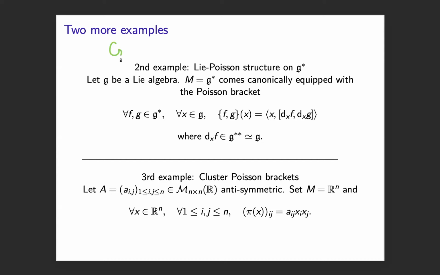So let us pick big G, a Lie group, and Gothic G, the Lie algebra of G. Then let us denote G star the dual vector space of G. Then G star comes canonically equipped with the Poisson bracket given by this formula.